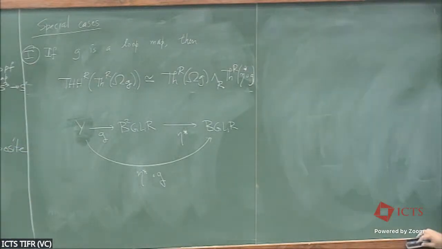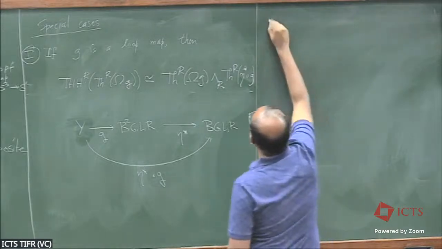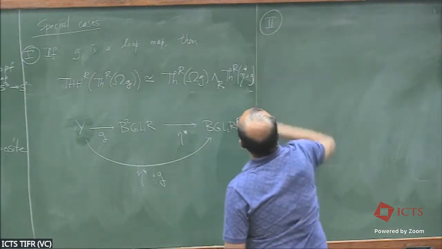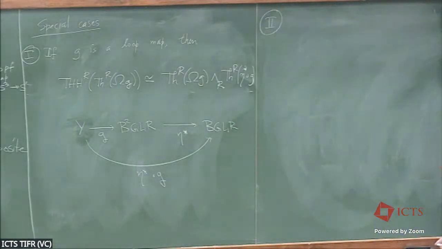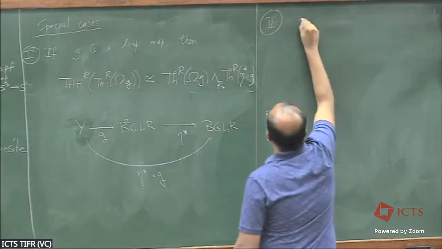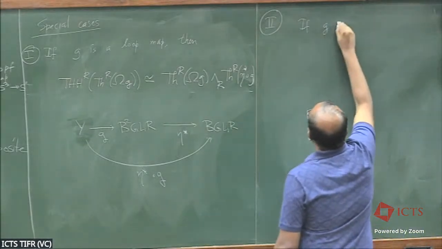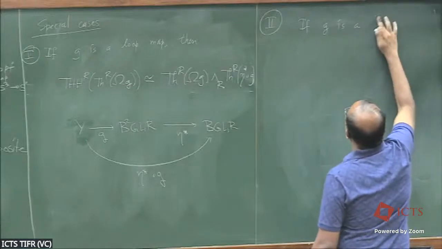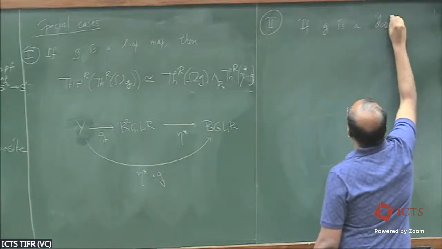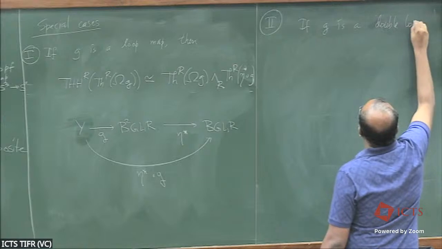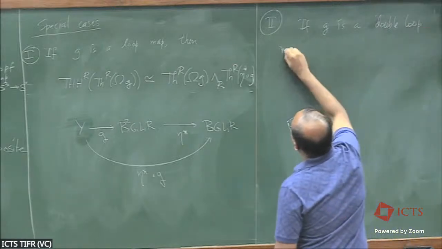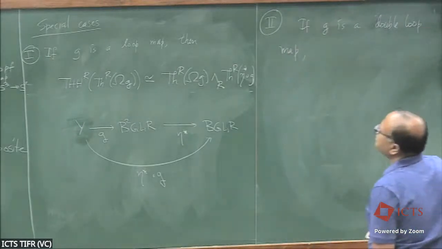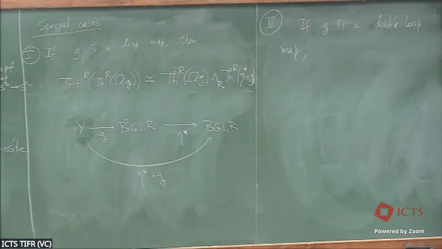And special case 2 is if G is a double loop map, so that means that the Thom spectrum is now a triple loop map.